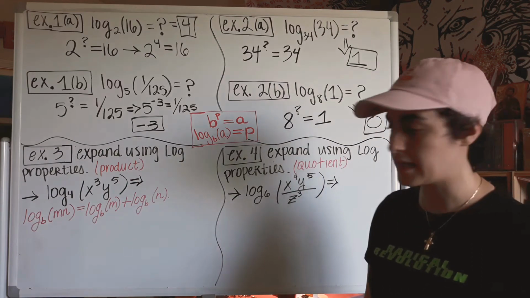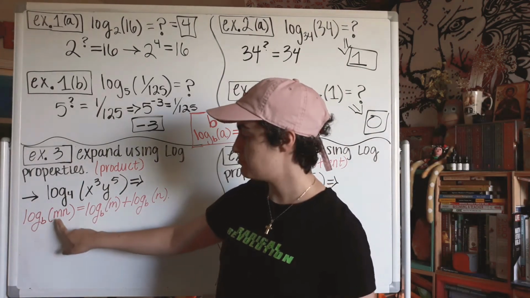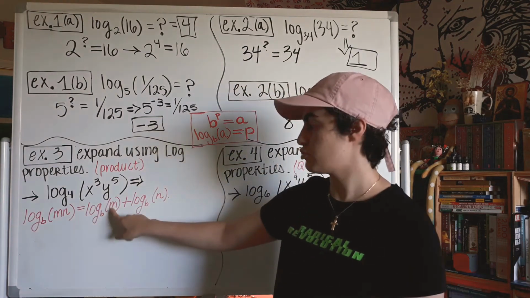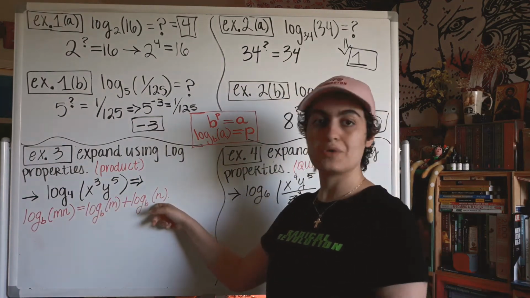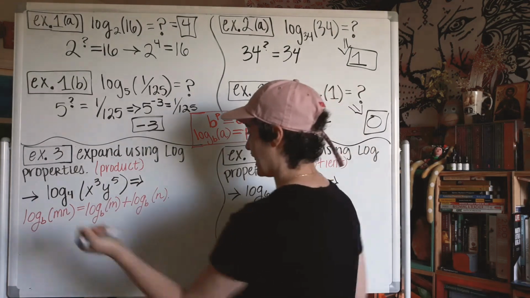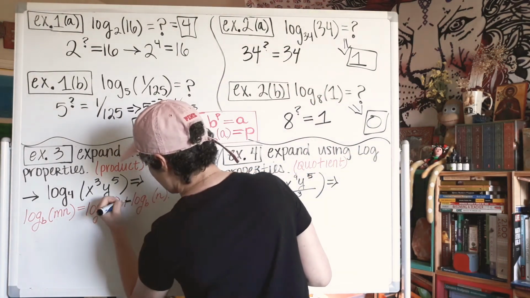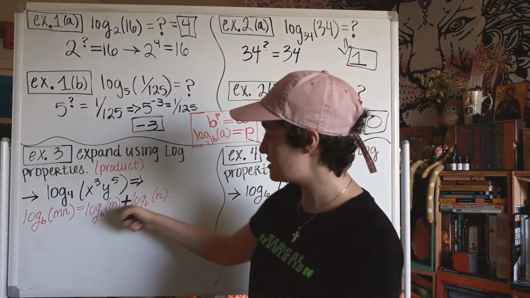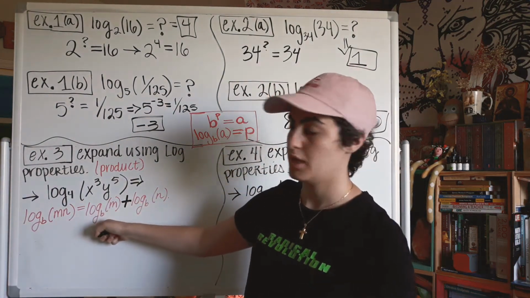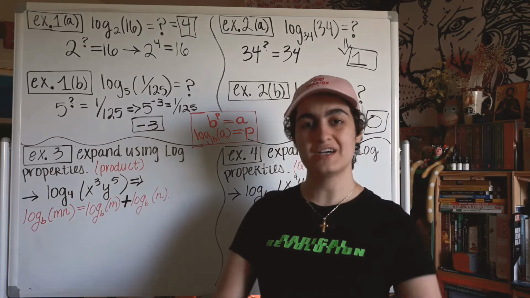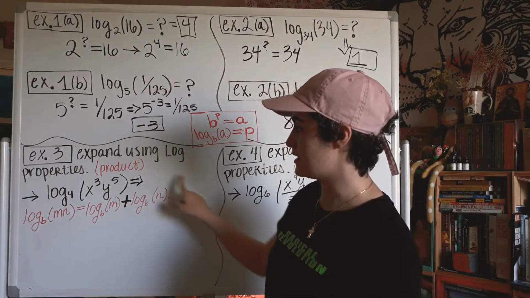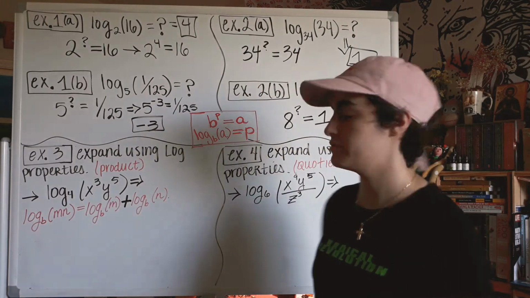So if you notice in the actual law, m times n, which is product, is correspondent to adding. It's correspondent to adding. Very, very important. Notice the base stays the same. The only thing that you've done is you sort of expanded it. So we're going to expand using the property of the product.